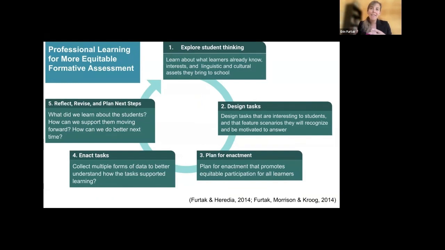But I think that in this first phase of the process, and actually throughout, we do a lot of brokering between what the learning expectations are in schools and districts and unpacking standards, but then also really trying to understand deeply where our learners are coming from and how those two things are connected.